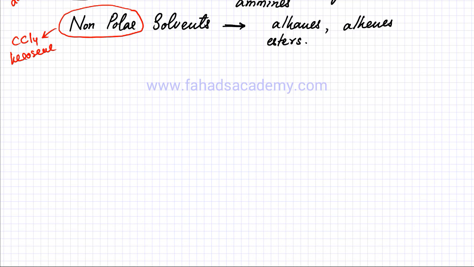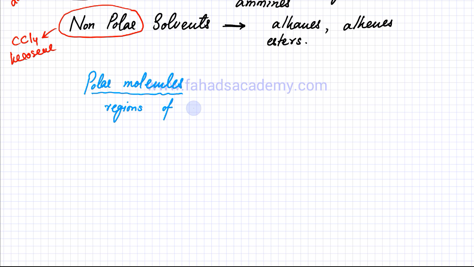Now, the first thing that we're going to deal with, and I'm going to explain, are polar molecules. So, now, polar molecules are molecules where the electrons are not evenly distributed, which means that they have regions. The molecule is going to have regions of partial negative.